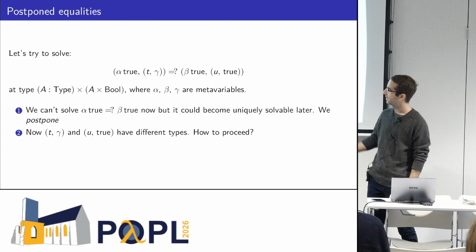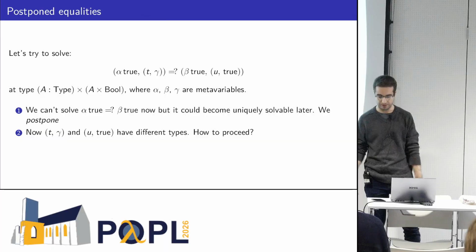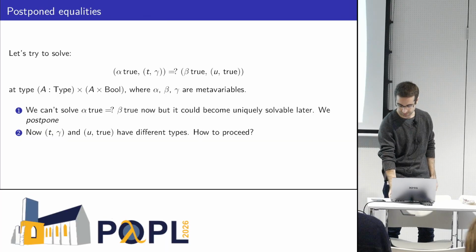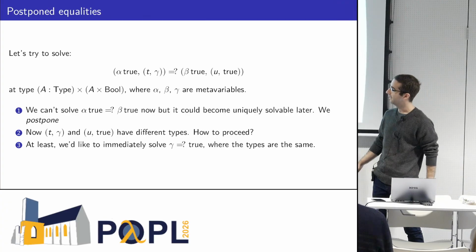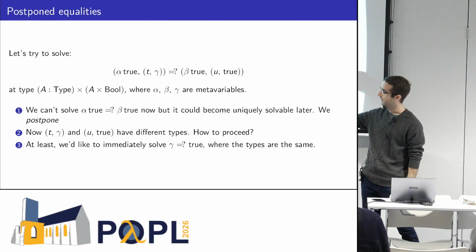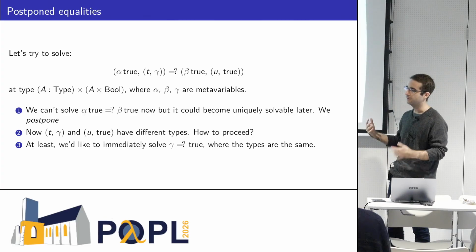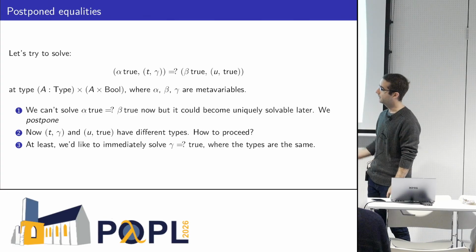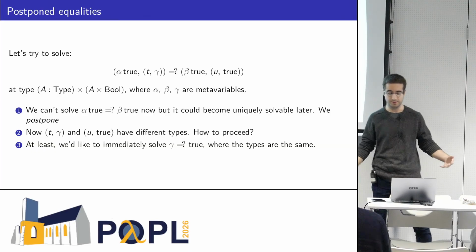But now the second fields have different types, because we haven't established that the first fields have the same types. So what can we do? At least we would like to immediately compare the second fields, because there we do not have any type dependency. We only have a type dependency in the first field here. We would still like to make progress on the second field because we know that there the types are the same.